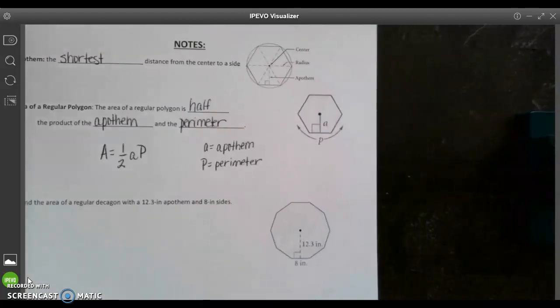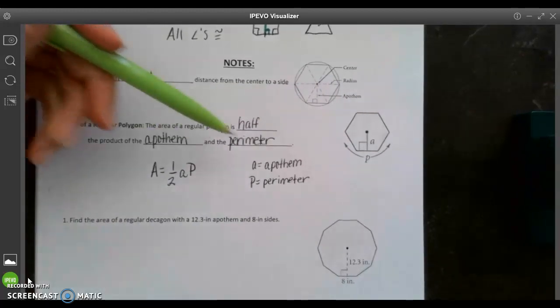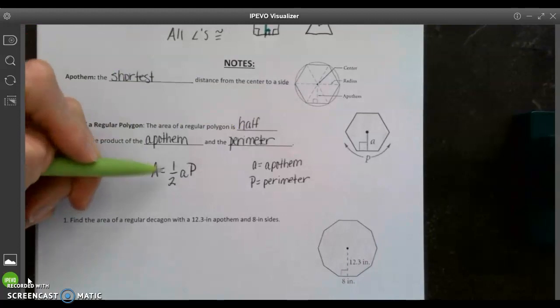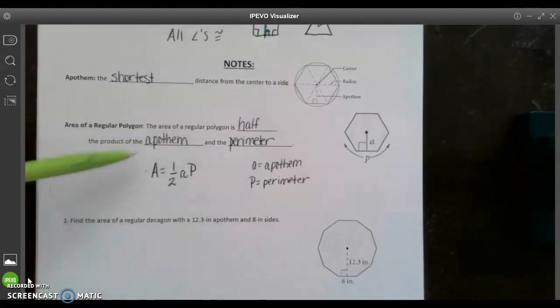The formula that we're going to use is the area of a regular polygon is half the product. Remember, product means to multiply. So half the product of the apothem and the perimeter. So it looks like this. Area equals 1/2 apothem times perimeter. So the lowercase a is the apothem, because our uppercase A this whole time has been area, and our capital P is perimeter.